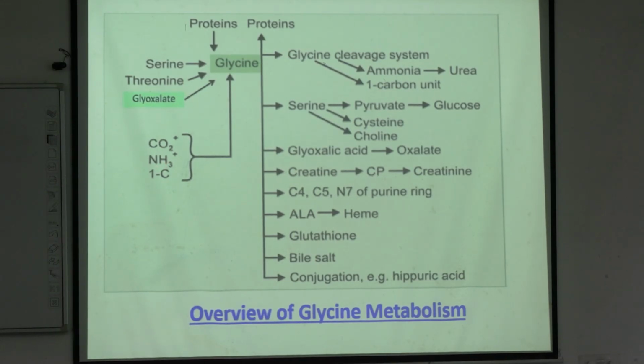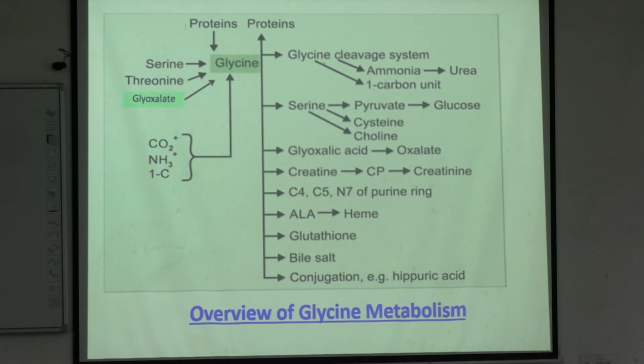Carbon dioxide will be available here, ammonia we will get here. Only thing is that we need one more carbon. That one more carbon is given by N5,N10 tetrahydrofolate. That's why I told you it is involved in one carbon metabolism. So only one carbon will be donated by that, and glycine will be formed.